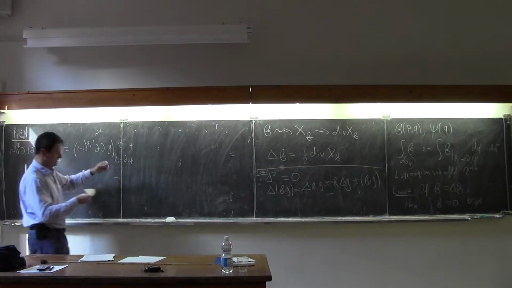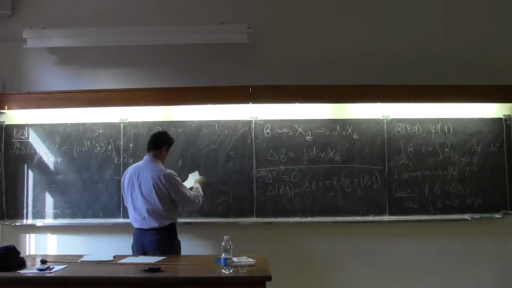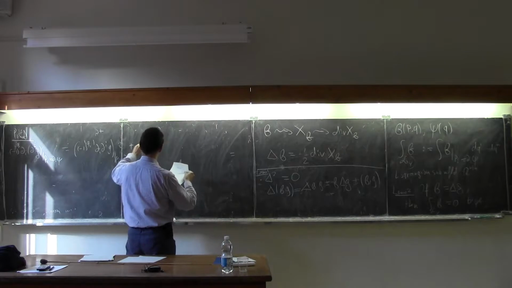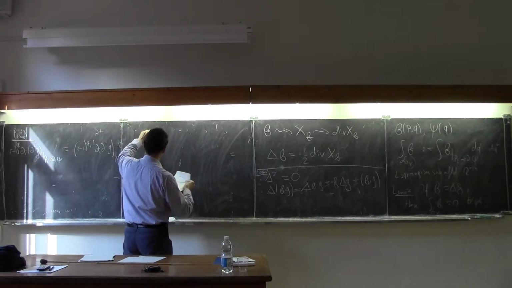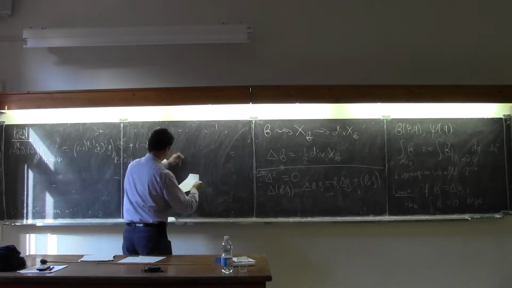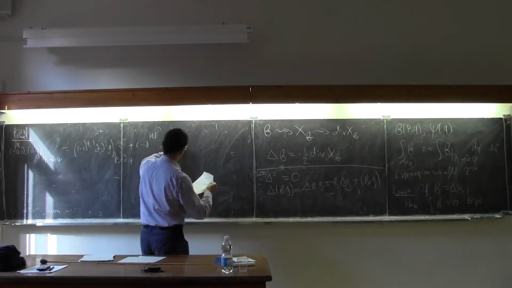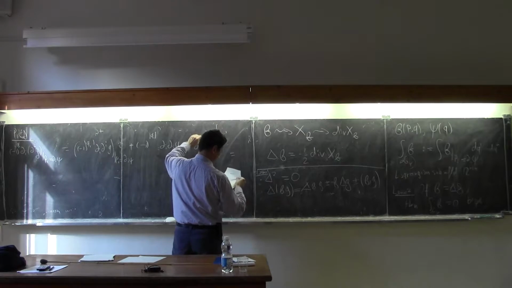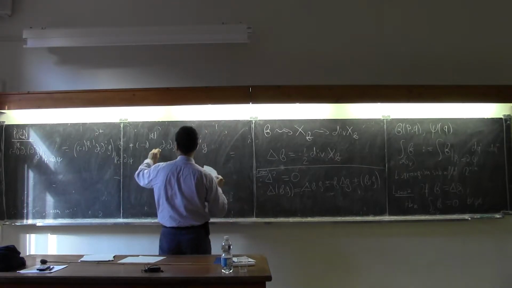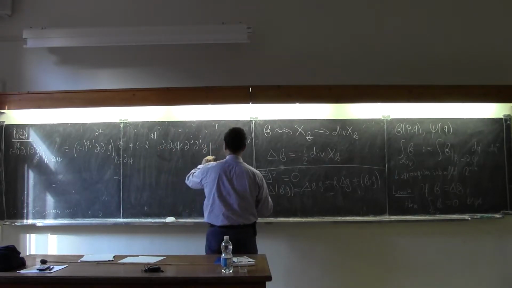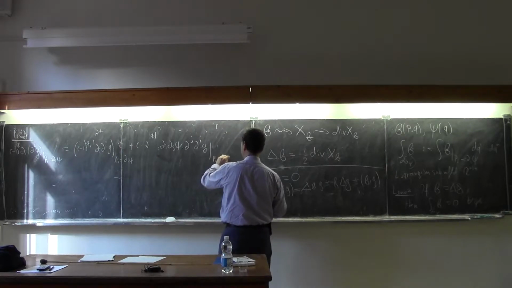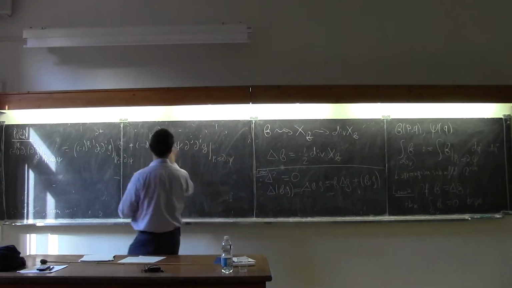So there is an additional term here, which is like minus ∂_i∂_j psi ∂_j∂_i g, and finally you can set the p_i equal to ∂_i psi. So there is this additional term.